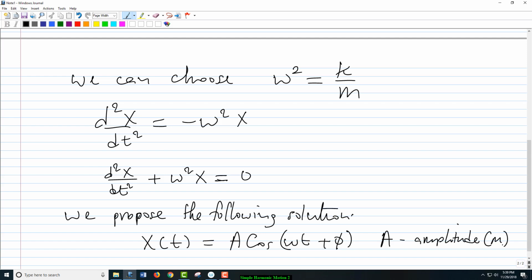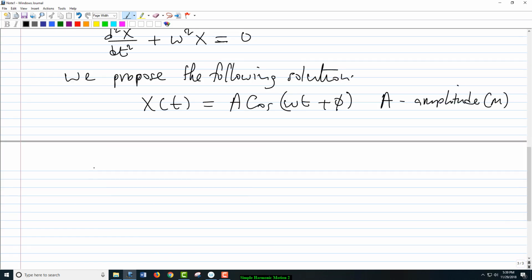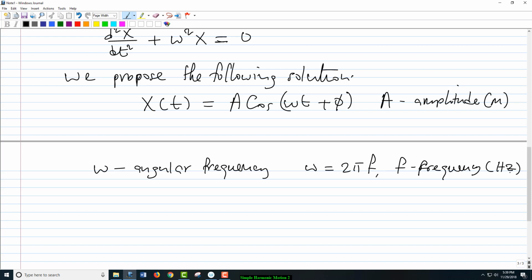Amplitude, of course, is in meters, and omega is angular frequency, and omega can also be written as 2 pi f, where f is frequency in hertz, and angular frequency, of course, is also in hertz. And then we have phi, which is the phase angle, and t, of course, is time in seconds.